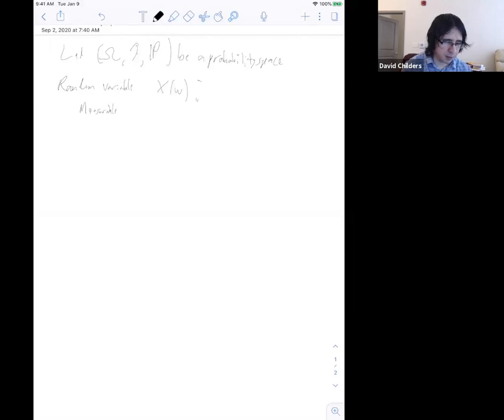So this is from (Ω, F) to a space X. And then we actually need to, when we're describing this, equip the set X with its own sigma field.